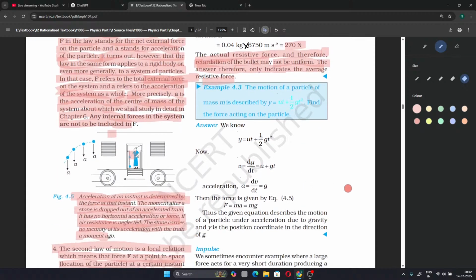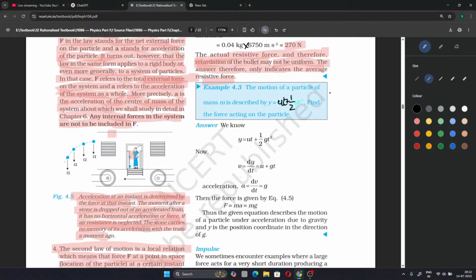The motion of a particle of mass m is described by y equals ut plus 1 by 2 gt square.